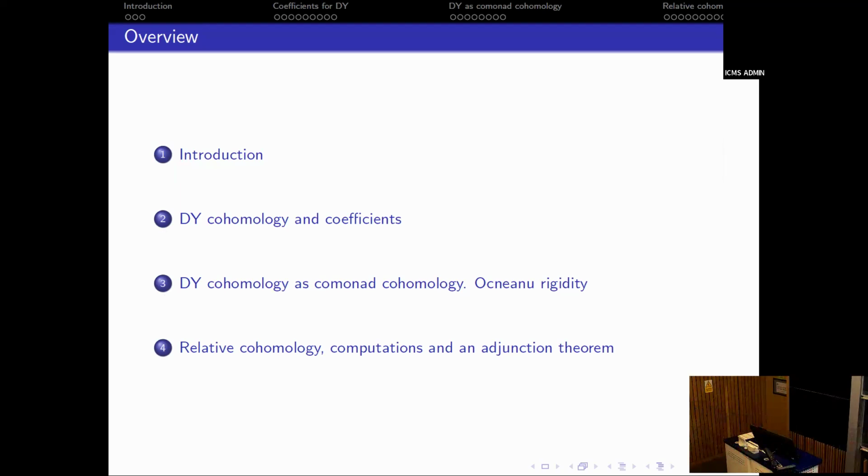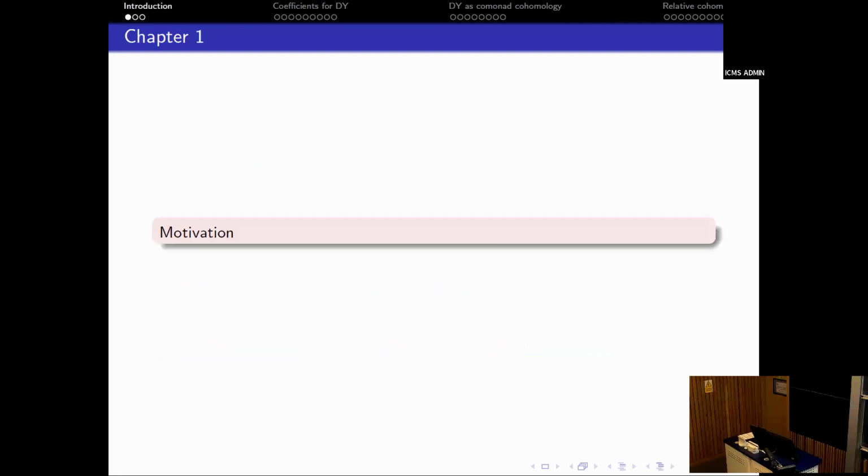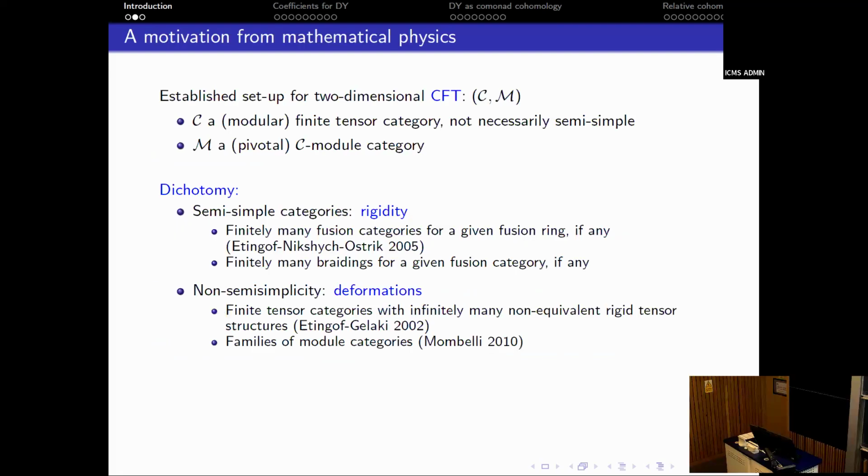This gives computational tools and it allows you to prove things which are in principle proven, like Ocneanu rigidity in a slightly more general setting. And then I will show you in the end a tool which makes it really computable and has links to conformal field theory.